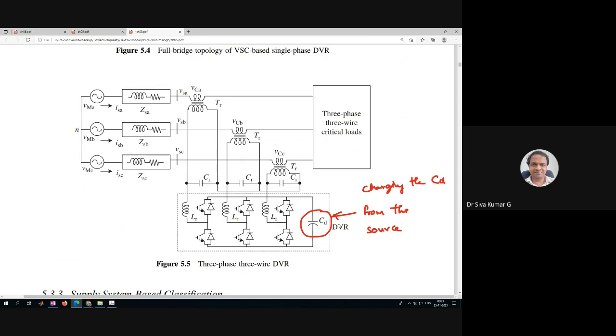Why it is so is that charging the capacitor requires some amount of real power, which has to be delivered by the source. Okay.